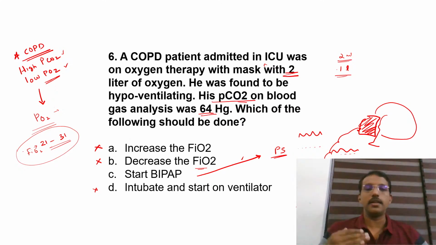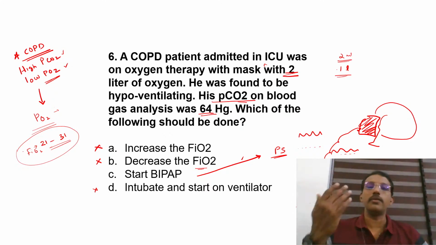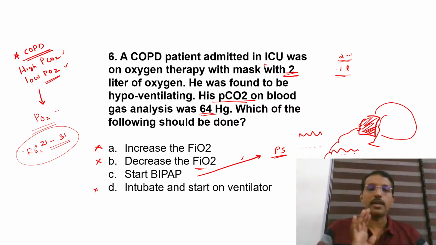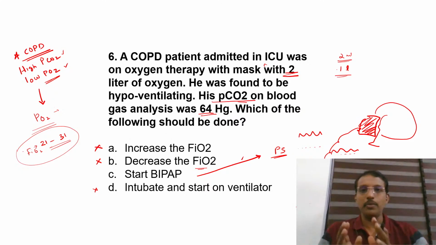Once the patient's acidosis and the systemic conditions have settled, you can gradually wean them off from the BiPAP, and the patient will be comfortable. You don't have to intubate this patient, and that is why this has become the gold standard of treatment nowadays. Okay, I hope the point is clear. So remember, this is a tricky question.